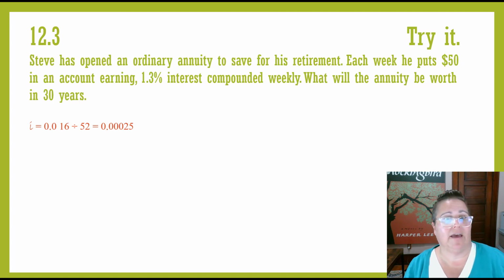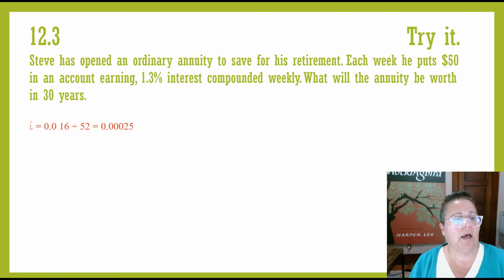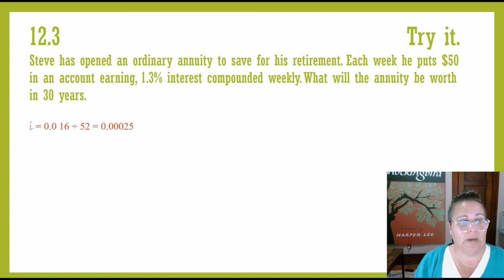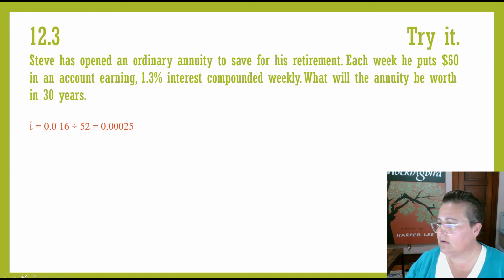Here we go. We're going to find the I value. That should be 0.013, or 1.3%, divided by 52 weeks. Let's change that to a 3. We'll fix it later. There's always got to be a small mistake in these, right?